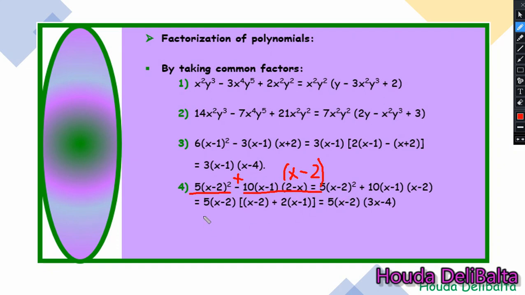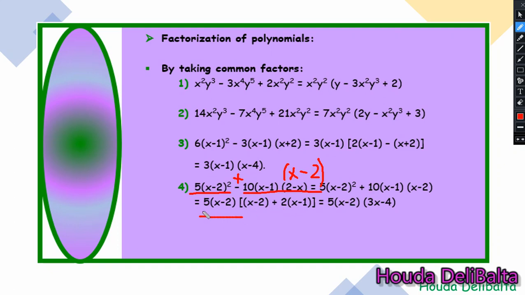Now I have to take 5 as a common number between 5 and 10, and I have to take x minus 2 as a common factor among these two. So we have 5 into x minus 2 outside. I start dividing 5 into x minus 2 squared by 5 into x minus 2. Then 5 will cancel 5. X minus 2 squared will be simplified by x minus 2 to get only x minus 2.